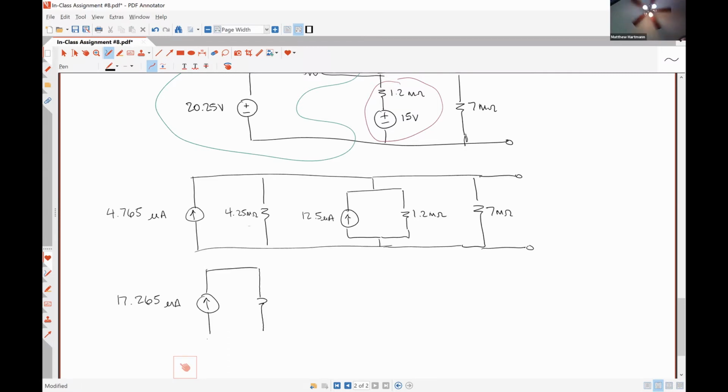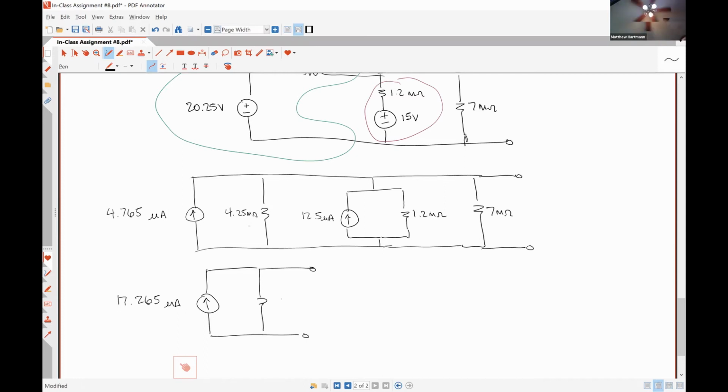Now I'm going to combine those three resistors in parallel. So that is 1 over 4.25 plus 1 over 1.2 plus 1 over 7 to the minus 1 power.